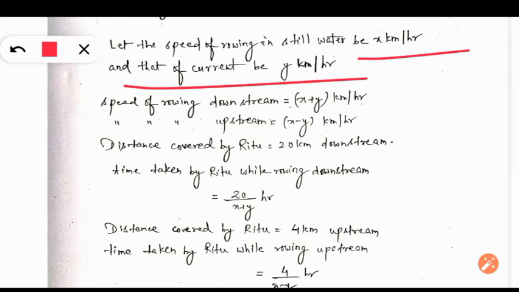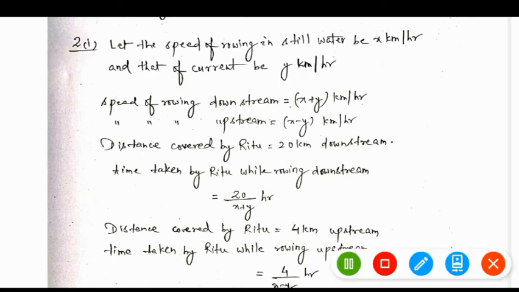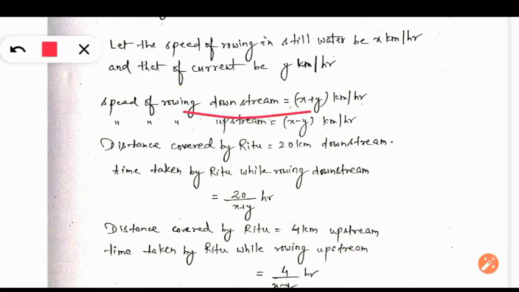Now let me tell you what will be the speed downstream. What will be the speed of rowing downstream? Downstream means with the stream, with the current. So when someone is rowing with the direction of the current, then what will happen? The speed of rowing and the speed of current will be added, right?